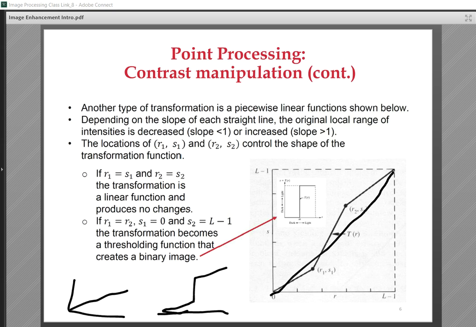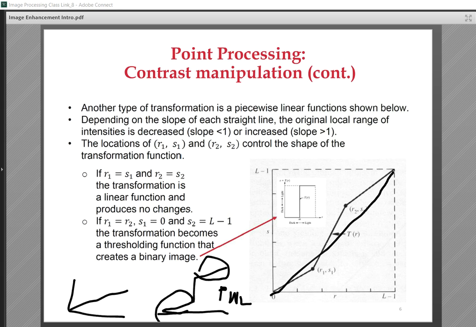You can, for example, stretch this line, pull this point to below, or pull this point up, and change the rate of this line and these lines.